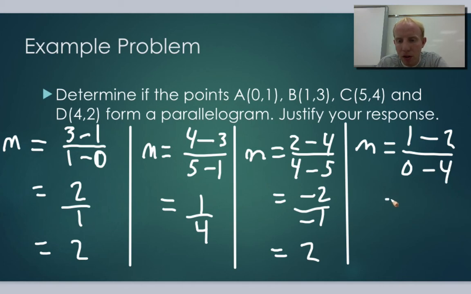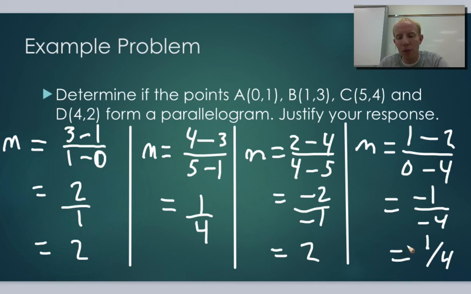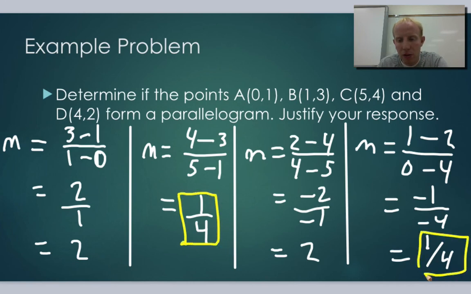That's going to give us 1 minus 2 is negative 1 on the top, 0 minus 4 is negative 4 on the bottom. That's going to give us 1/4. There we go. So that 1/4 matches up with that 1/4, so those sides are parallel, and that 2 matches up with that 2, so those sides are parallel. So yes, this is a parallelogram, because opposite sides have the same slope.